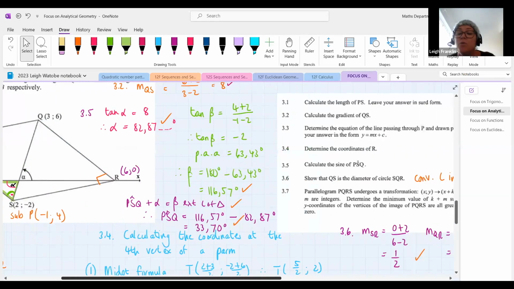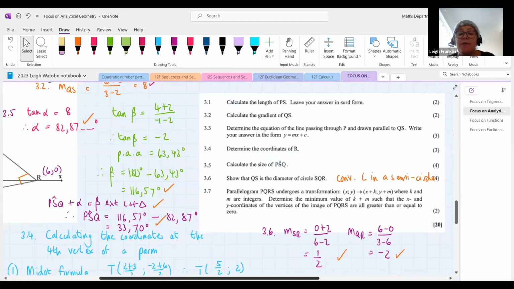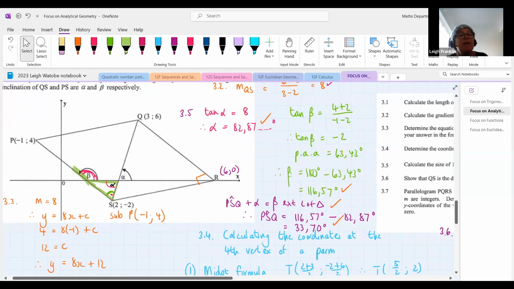So when they talk about the image of PQRS, that's the transformation that it is undergoing. And when they say the X and Y coordinates of the vertices are all greater than or equal to 0, it means that they all have to be positive.